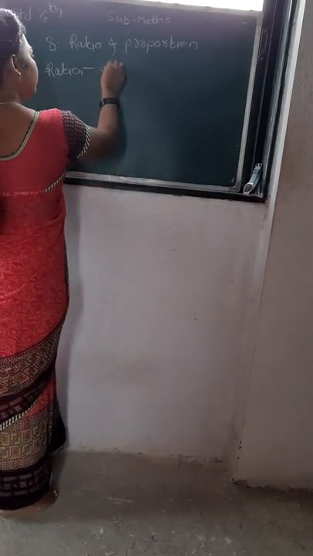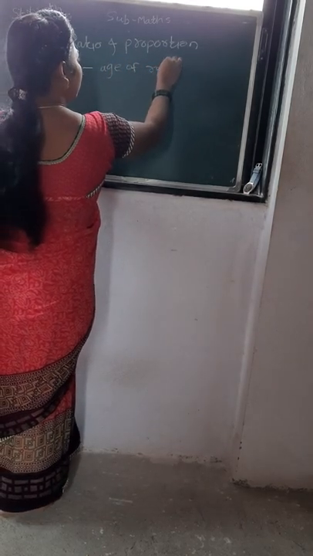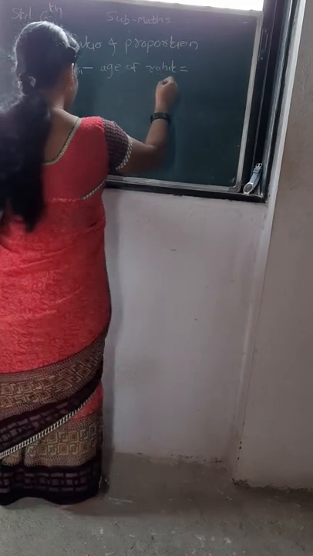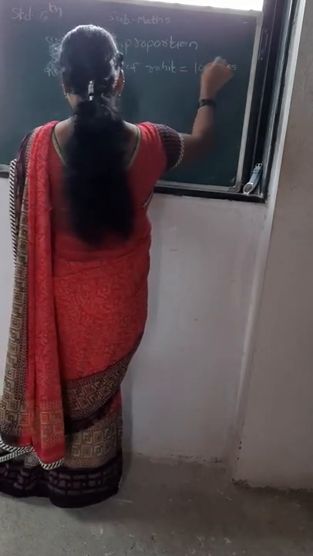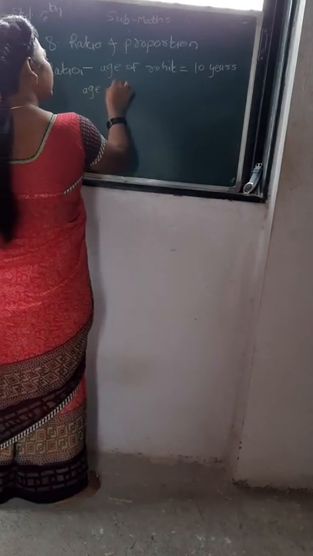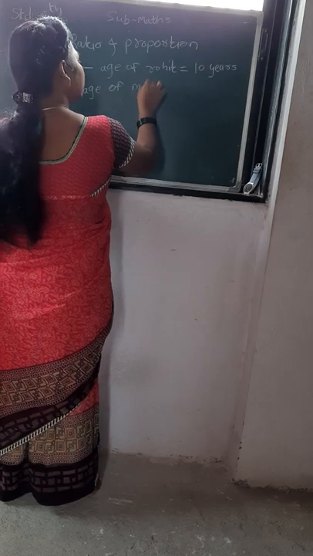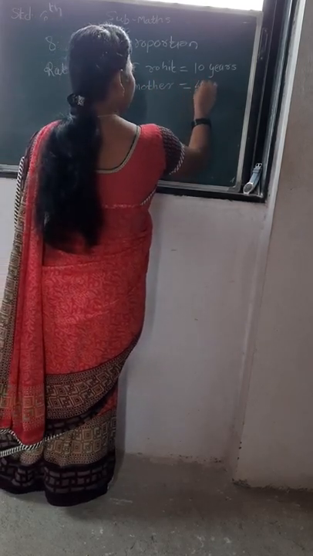Age of Rohit is equal to 10 years, and age of Rohit's mother is 40 years.